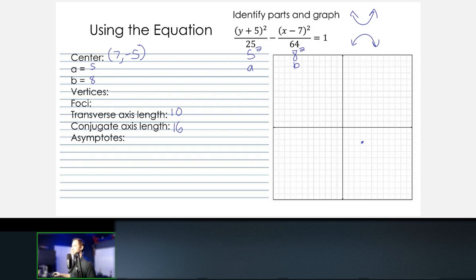Asymptotes. Let's go ahead and write that equation. Let's see if all of you can do it before me. So go ahead and write in chat what you think the asymptote equation is going to be.